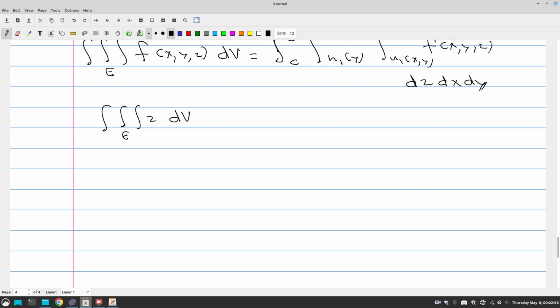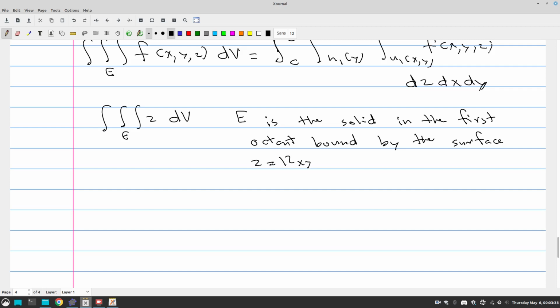Right, so E is the solid in the first octant, bound by the surface z equals 12xy, and the planes y equals x and x equals 1.